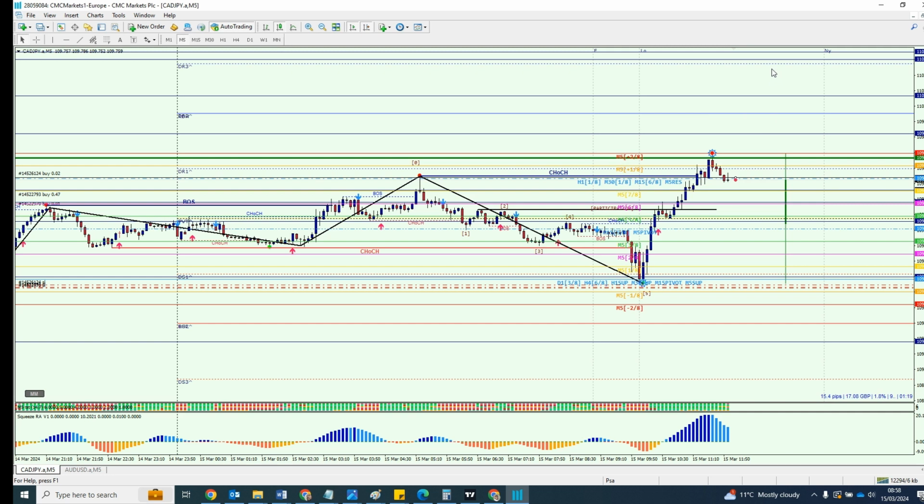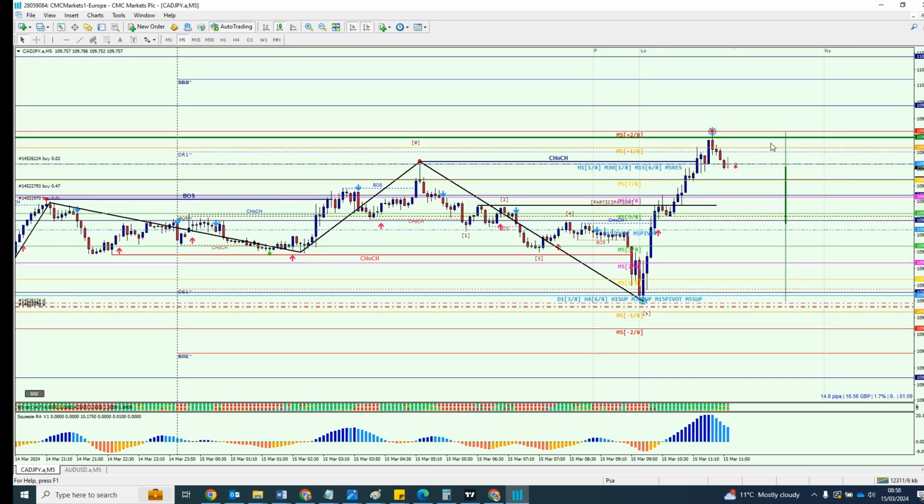All right, and we want to monitor the 7 of 8 and the +1 of 8. That's basically what we have. We're seeing a pullback here, which is just a normal pullback, and this is the structure here.